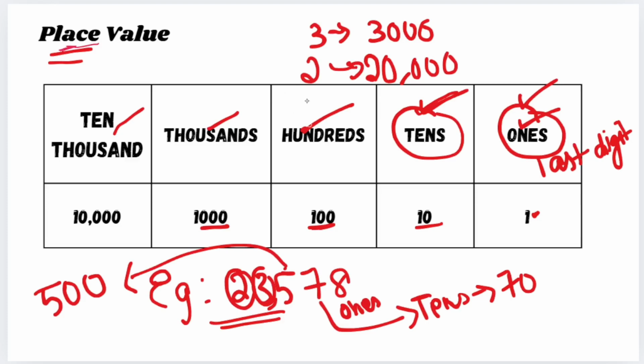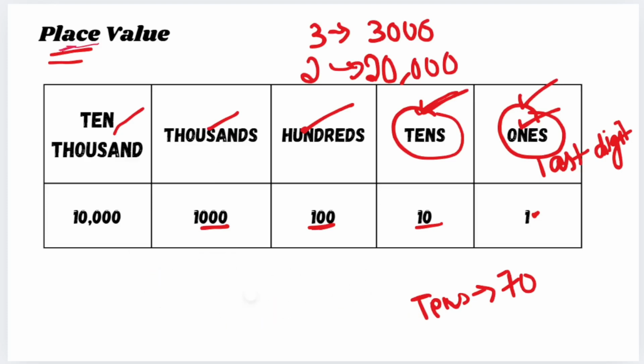We'll see some advanced level too, but you should understand the first four basics. If you understand the basics, all the advanced level is very easy. So I'll teach it one more time. Just write down this table and its values in your notebook, and also an example.